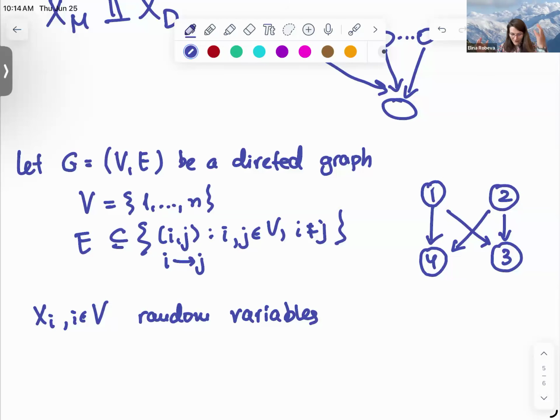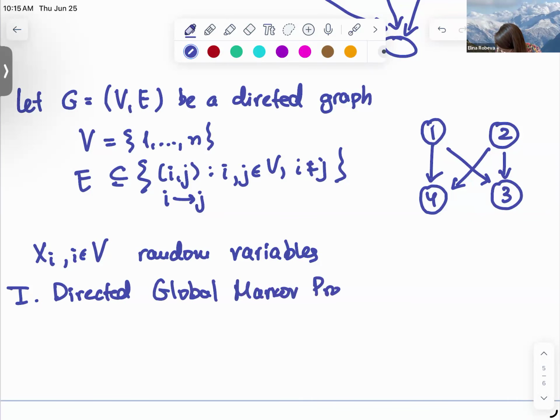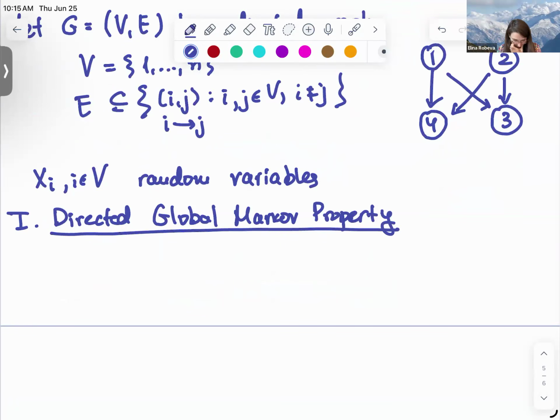How do we define the graphical model with respect to the given graph? Again, there are two definitions, exactly the same kinds as before. One is the global Markov property, maybe I call it the directed global Markov property. This is a bit of a technical definition that people usually omit when they're giving talks, but I think you'll find this interesting.